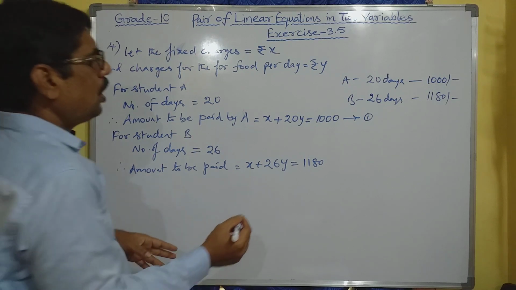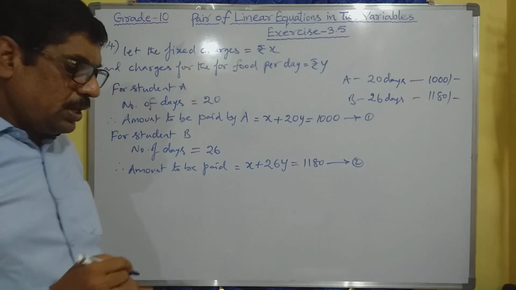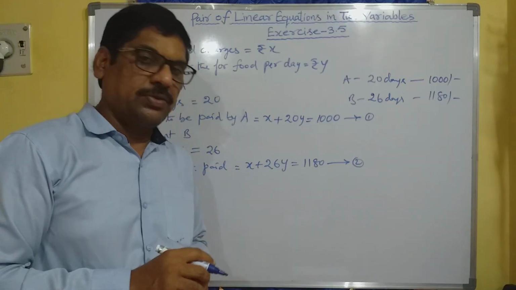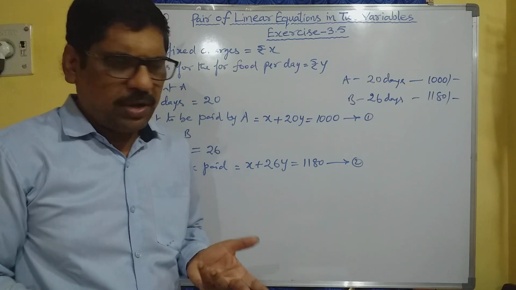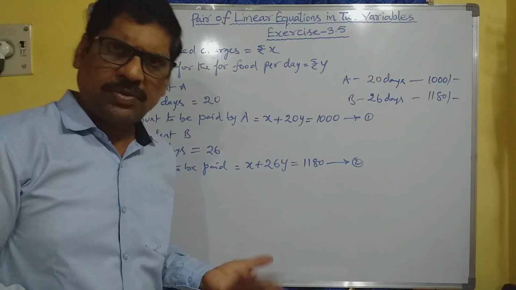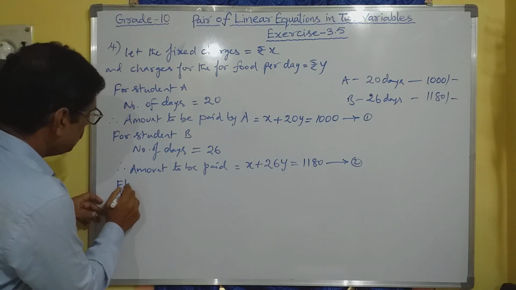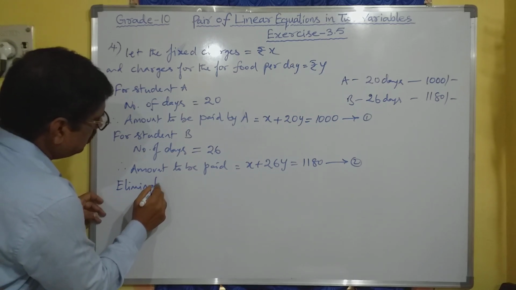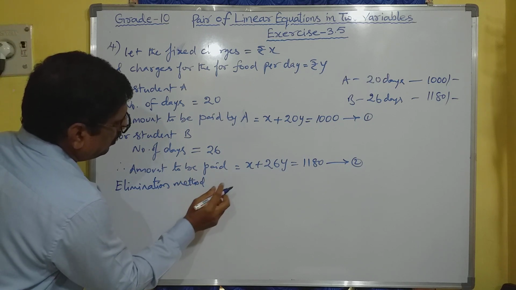Let us take this as the second equation. Okay, here we have got two equations. Let us solve these two equations by any of the methods. Whatever method we feel easy we can use, that is our wish. So let us use the elimination method. You can use any method, whatever method you feel easy.